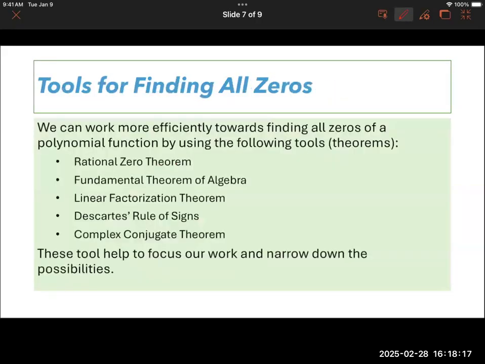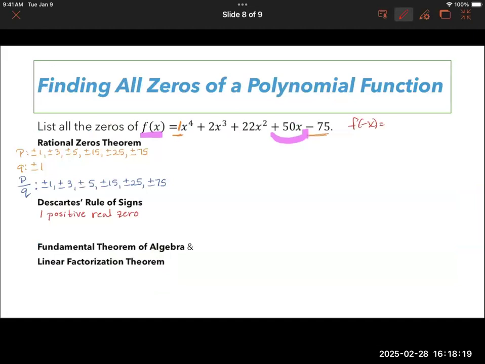So I don't really have to write it all out like I did in that example. I can simply say, okay, x to the fourth, that's even, that will stay the same. X cubed, that's odd, that's going to change to the opposite sign. X squared, even, keeps the same sign. X, technically to the first power, so that's odd, that will change to an opposite sign, and then our constant stays the same.